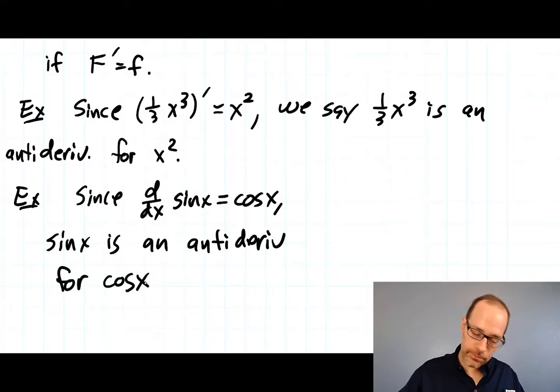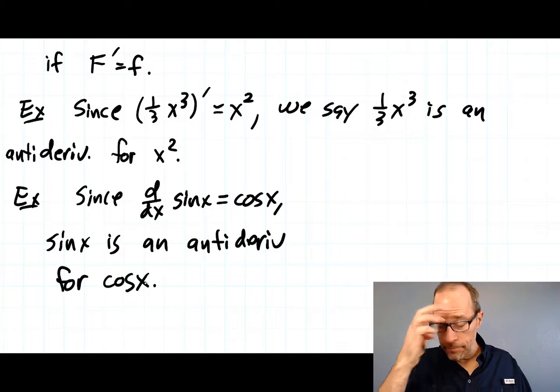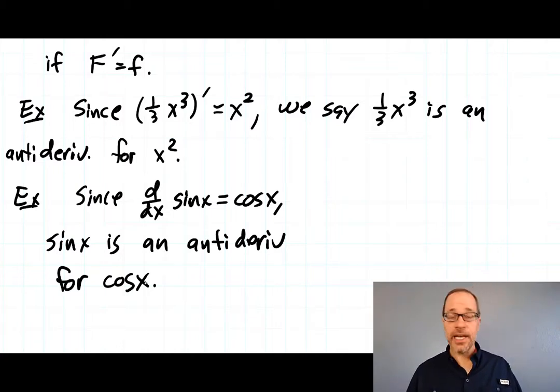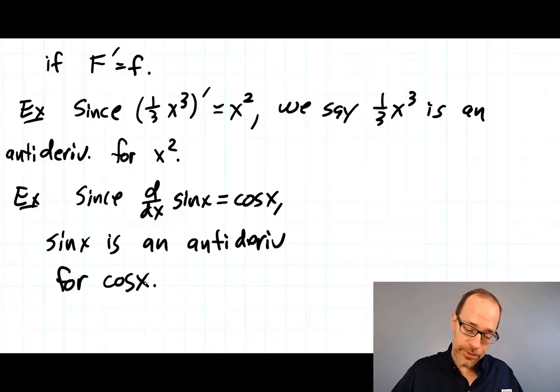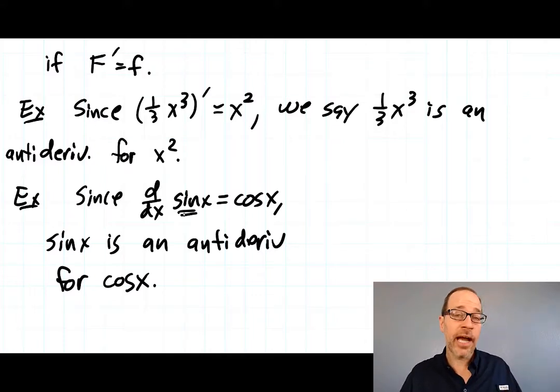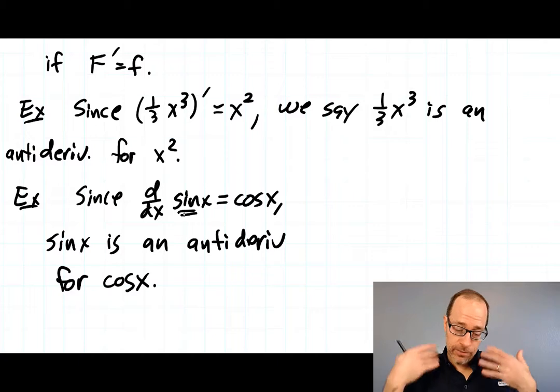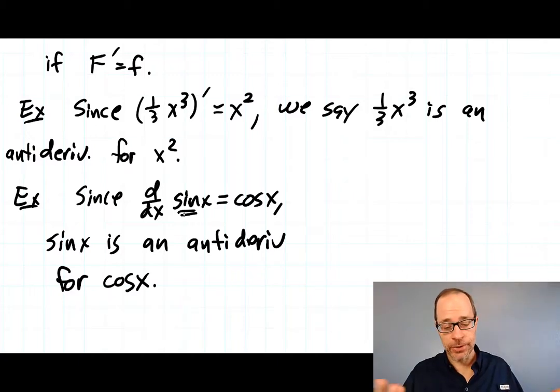Notice that each of these antiderivatives aren't unique. Namely, with the sine of x, I could have added any constant, and when I took the derivative, it would have died. So sine of x plus a constant is also an antiderivative for cosine.